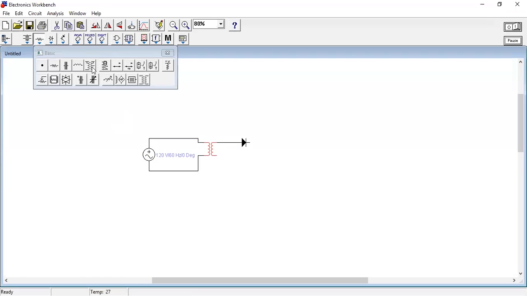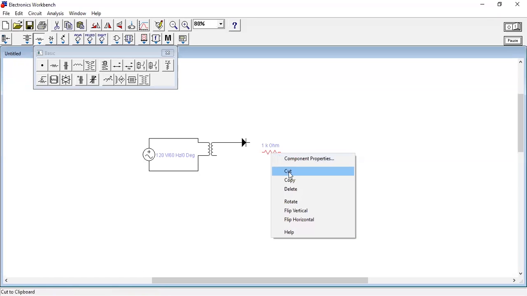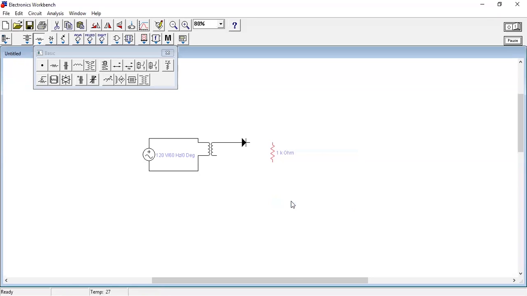And we want a capacitor. We take the capacitor from the taskbar, rotated one, so right click and rotate. Then we connect the resistance to the capacitor. The capacitor will be connected parallel to the resistor.